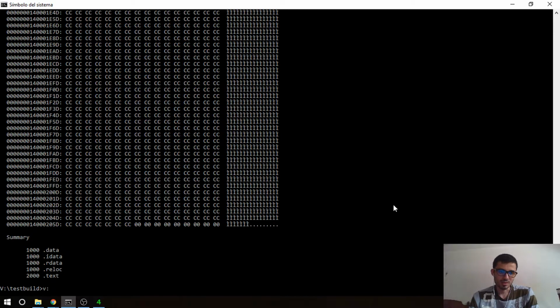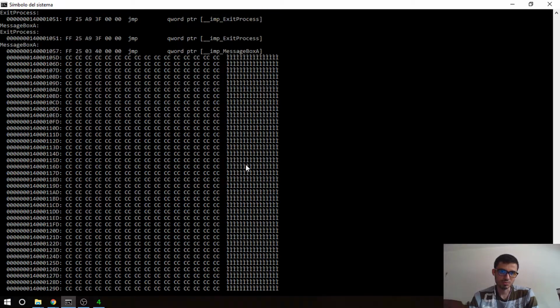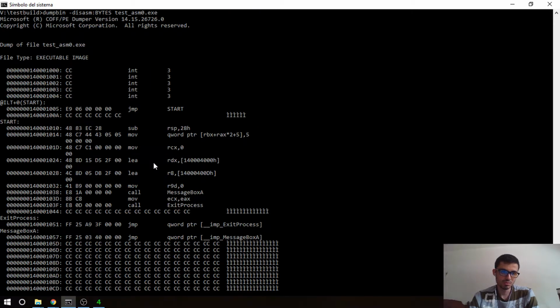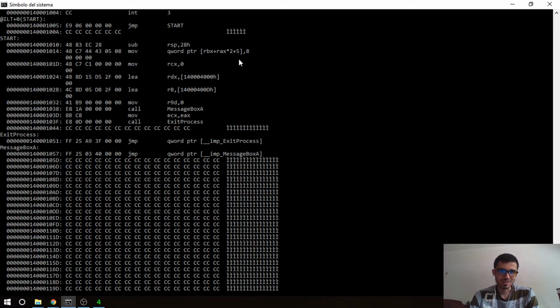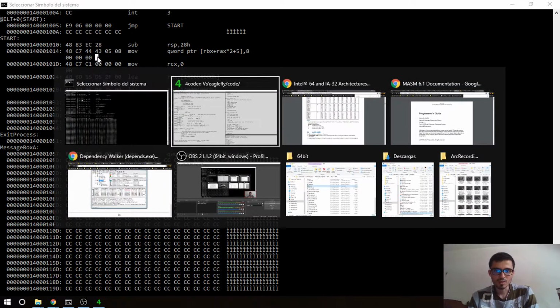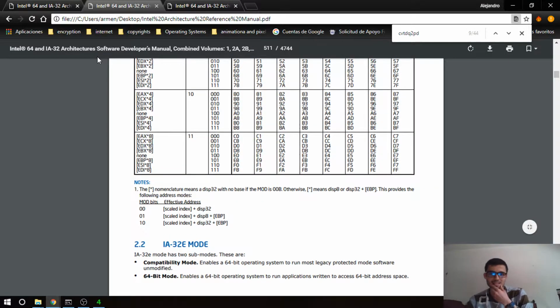So if we dump the binaries again, we can see here that, what, it didn't change, or are we looking at it wrong? Oh yeah, here, we have displacement, immediate. Perfect. Okay, that makes total sense.